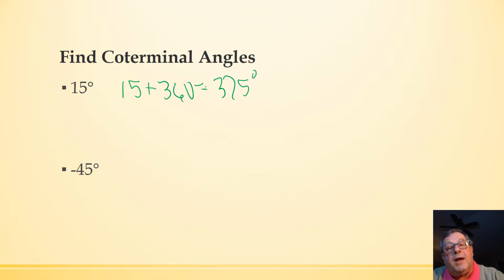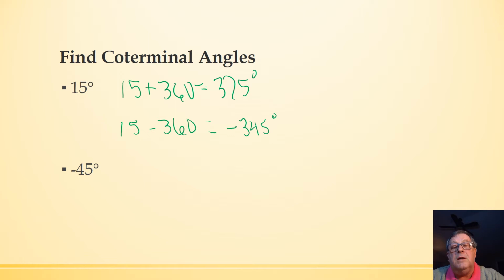And to compute a negative coterminal angle, we've got 15 minus 360. That would give us negative 345 degrees.